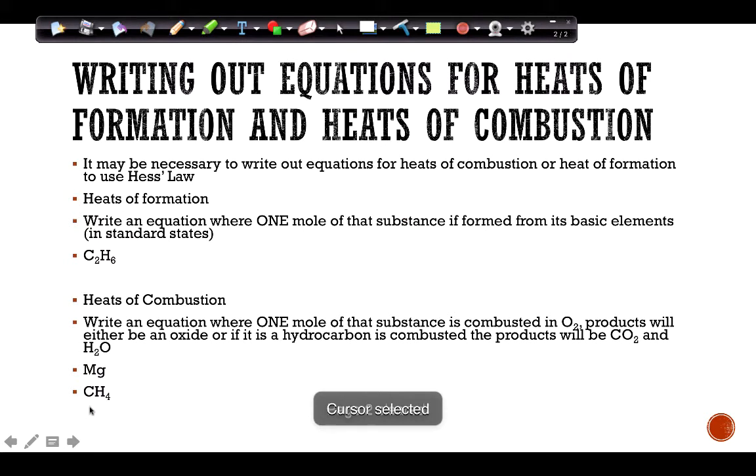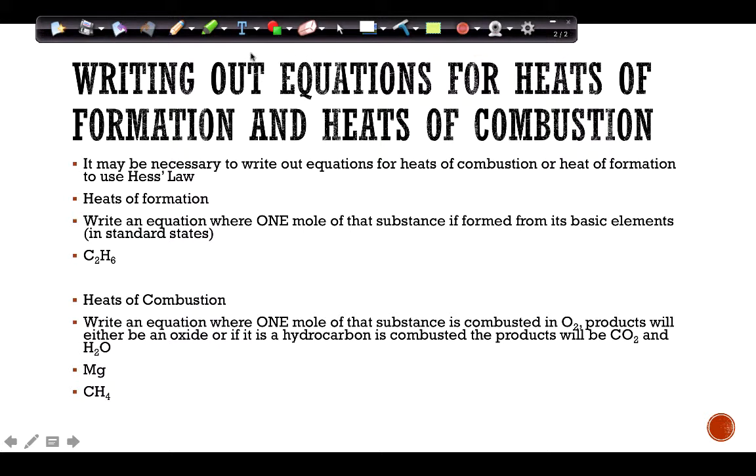All right, so now sometimes you might not be given all of the reactions, so you actually have to write them out. So you might have to write out the heat of formation reaction or the heat of combustion reaction. And typically, if you get to the point where you think you might have to use Hess's law, but they don't give you the reactions, you're going to have to write it out.